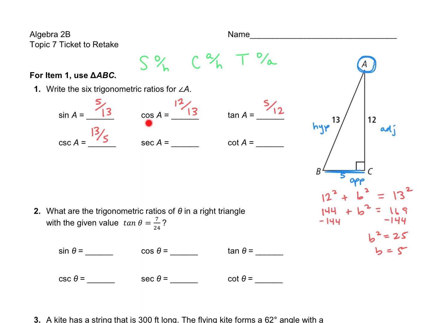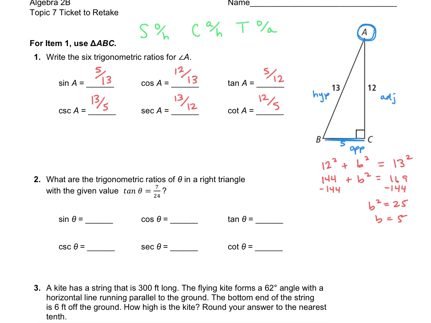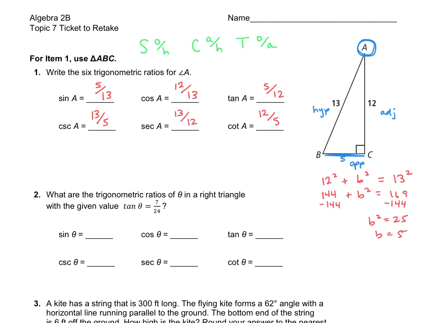Secant will be the reciprocal of cosine. So cosine is 12 over 13. Secant will be 13 over 12. And then cotangent will be the reciprocal of our tangent. So we will just take that 5 over 12 and find the reciprocal of 12 over 5. So there are our 6 trig functions for this triangle right here.